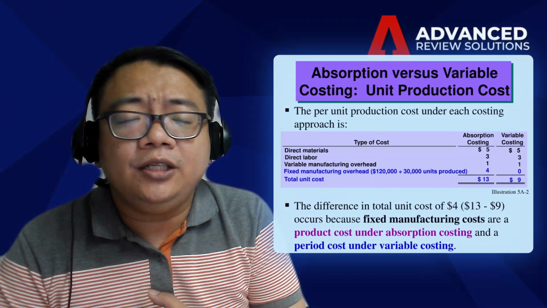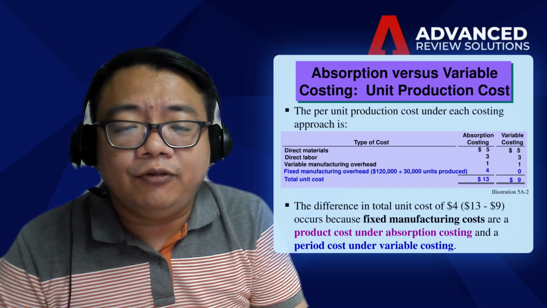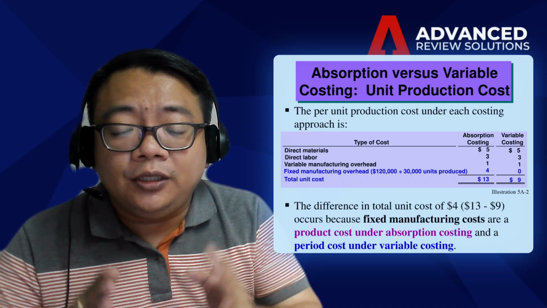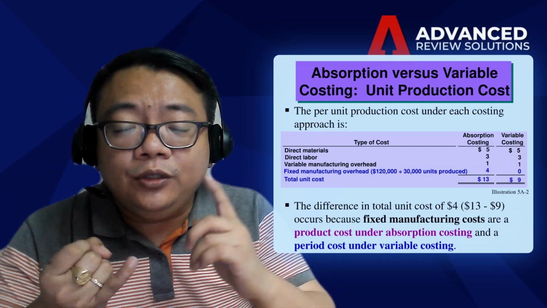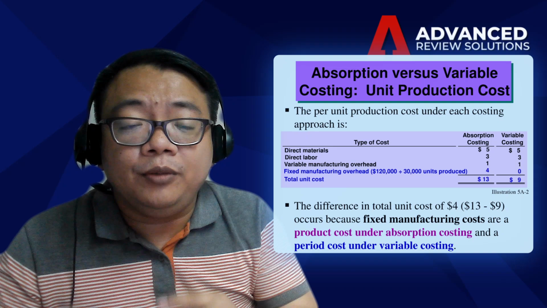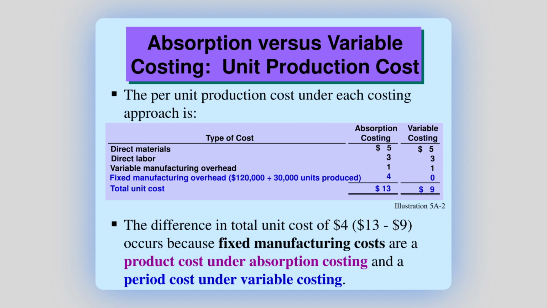When you have this unit product cost, if you notice, under absorption costing, all your direct materials, direct labor, and overhead, including the variable and fixed, are considered product costs. While in variable costing, the fixed manufacturing overhead is zero. Direct materials, direct labor, and variable overhead are all given per unit.